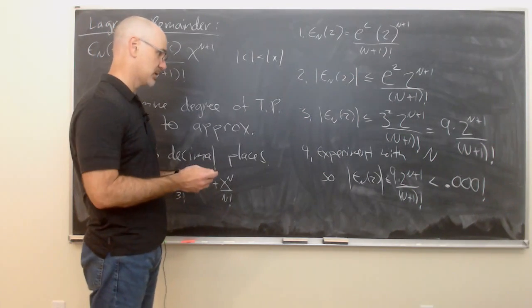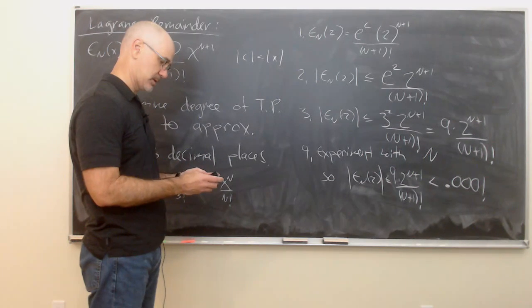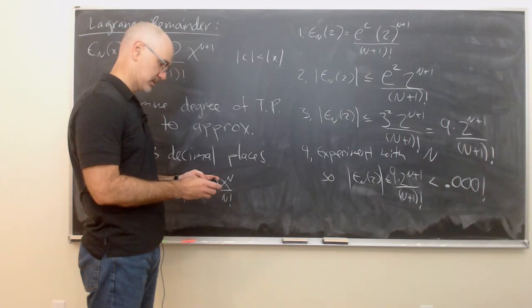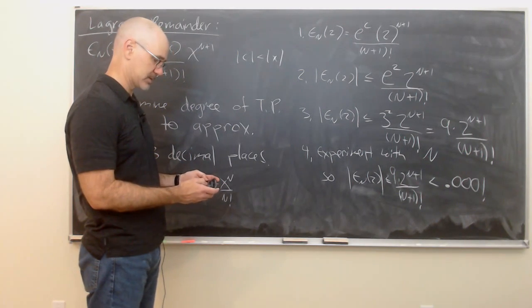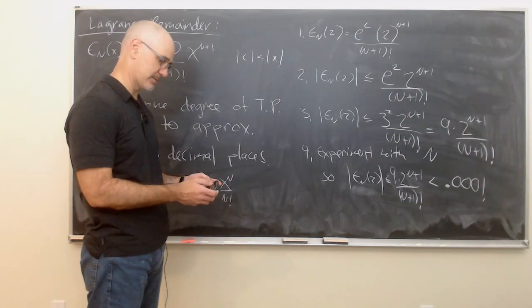If I used n equal to 9, then I'm going to get 9 times 2 to the 10th divided by 10 factorial. And that's about 0.0025, so n equals 9 isn't quite high enough.